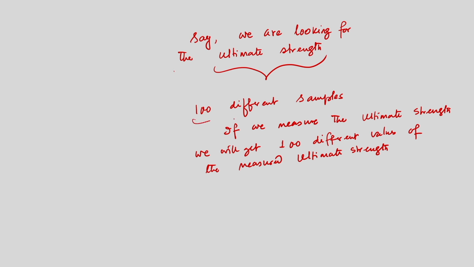If we consider 100 different samples and measure the ultimate strength, from our experience we can say that we will get 100 different values of measured ultimate strength. Why are we getting so?